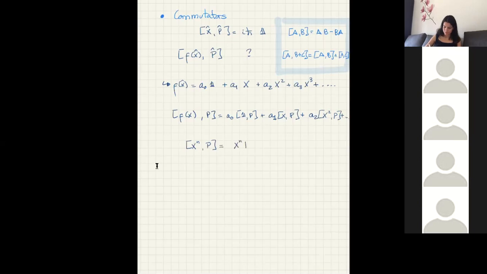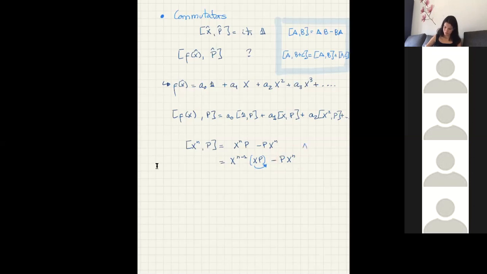So this is x to the n p minus p x to the n, and I'll just split the first term into two. The idea being that I'll try to move all the x's to the other side so that then I can cancel with the second term of the equation.